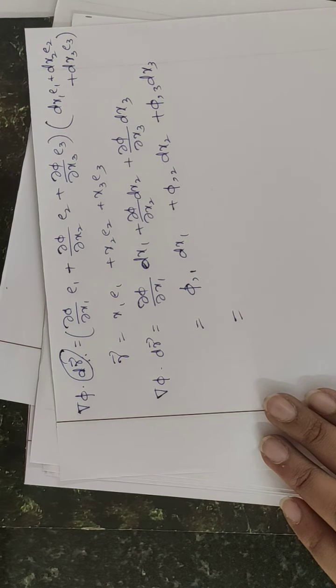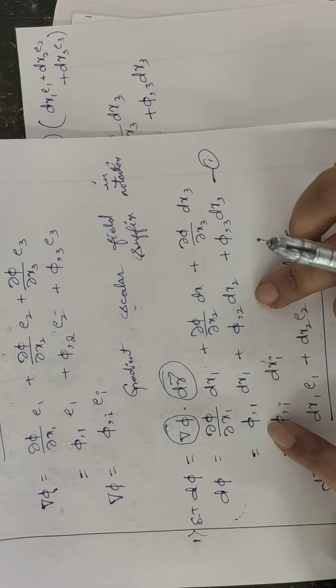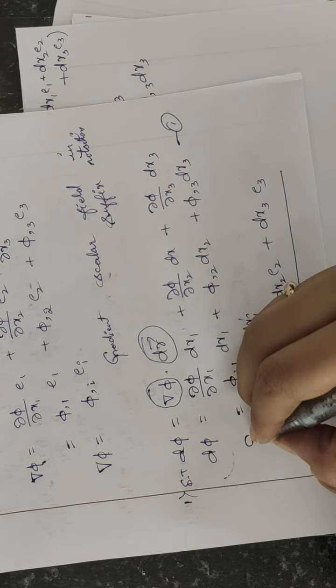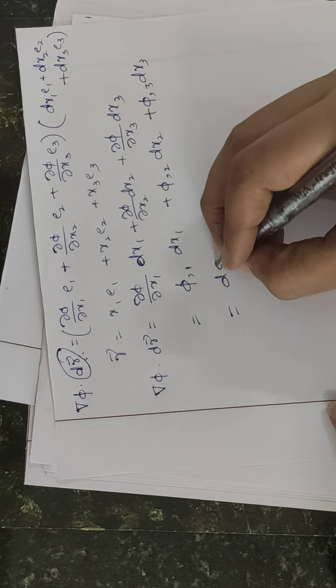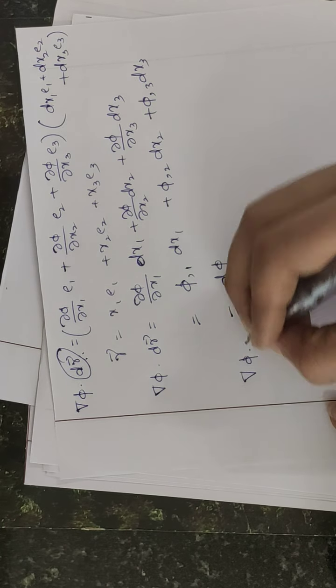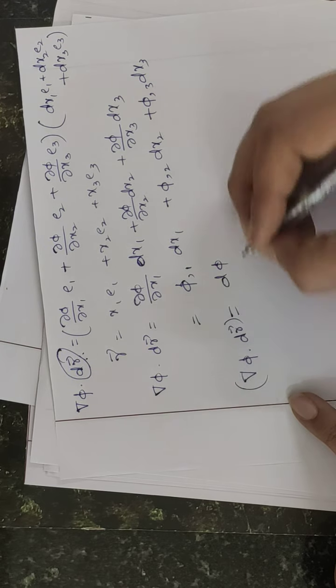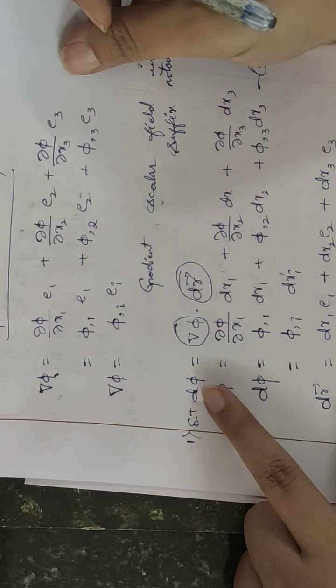So as we have discussed in the beginning, what is this phi comma 1 dx1 plus phi comma 2 dx2 plus phi comma 3 dx3? This is nothing but d phi, right? So we have proved that del phi dot dr is equal to d phi. This is what the first vector identity says.